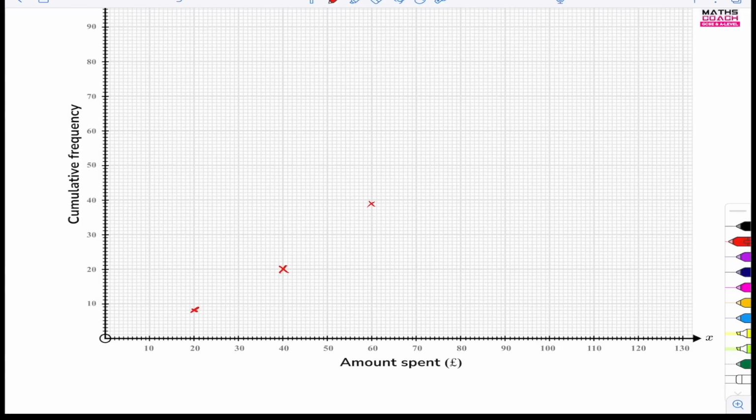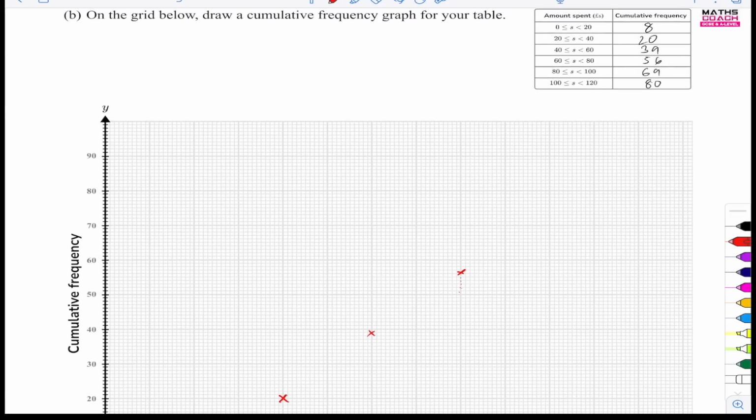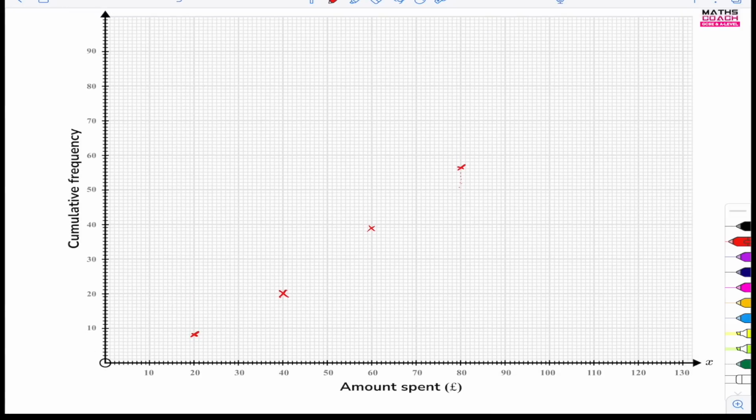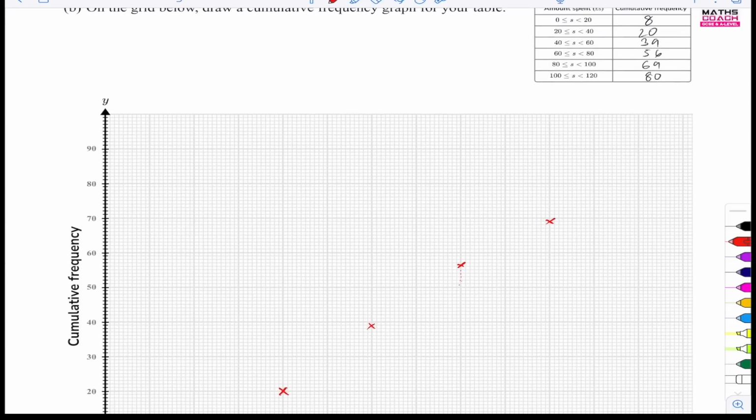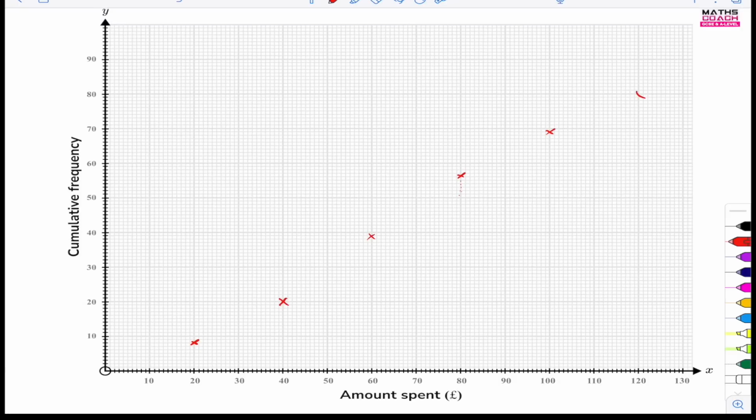So 56 at 80: 1, 2, 3, 4, 5, 6, right there. Then we're going to have 69 at 100. So 100 here and then 69 right there. And then finally, we're going to have 80 at 120. So 120 up to 80 right there.